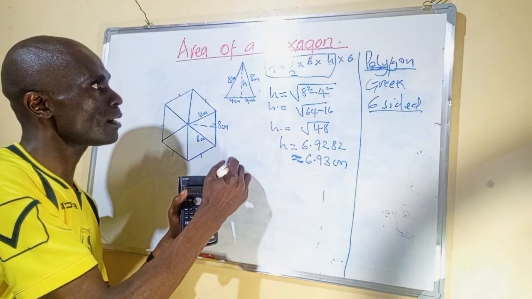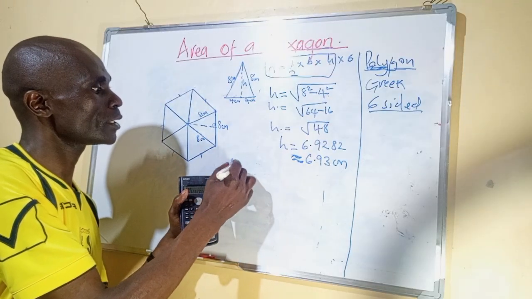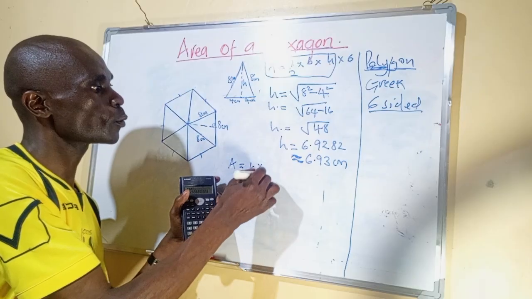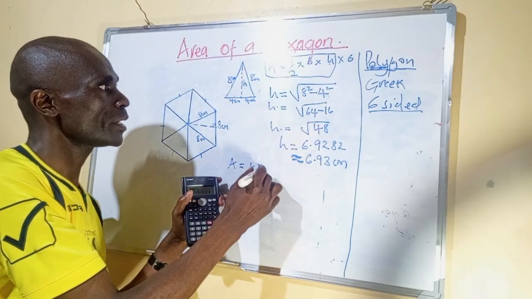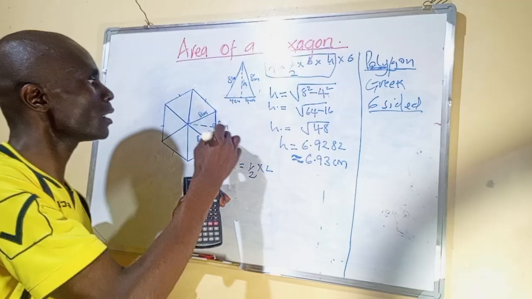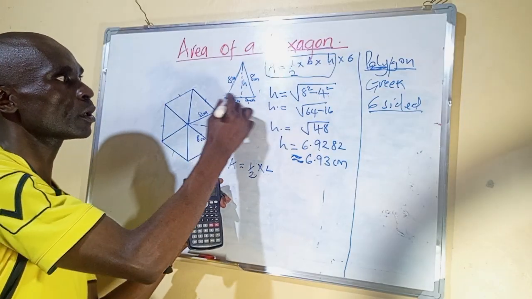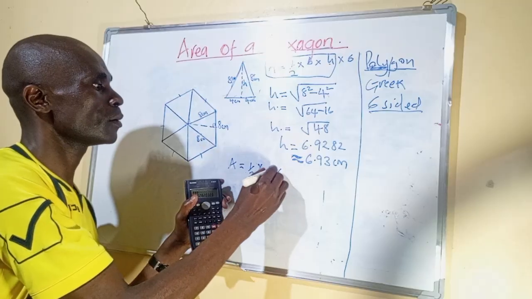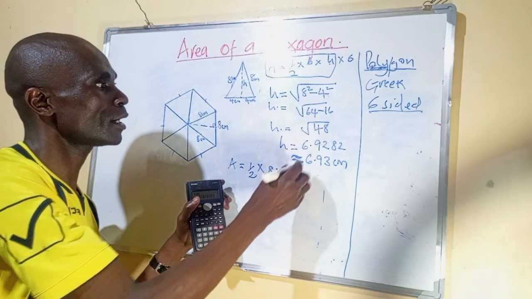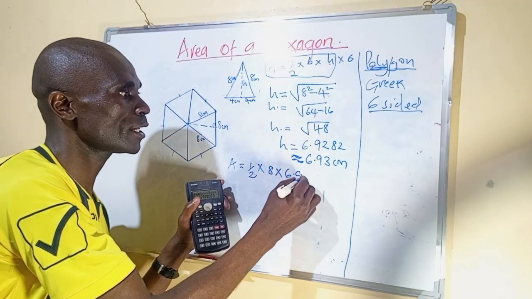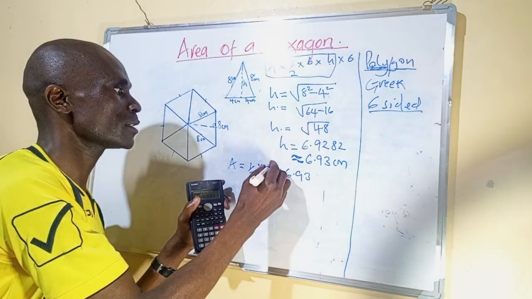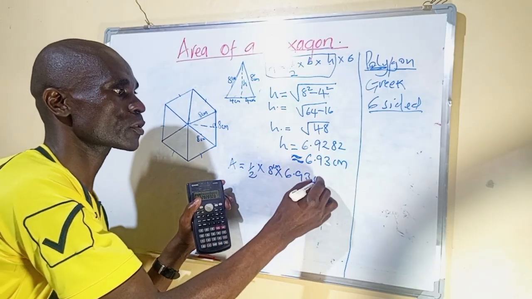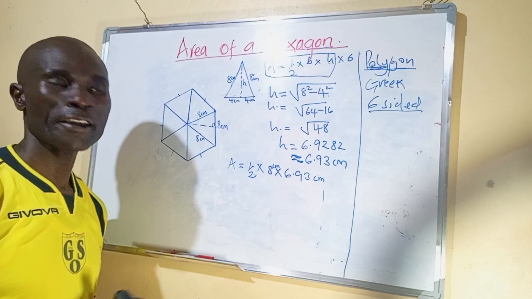So we have our final area as a half multiplied by our base, which is 8, multiplied by our height, which is 6.93. Remember, these are centimeters.